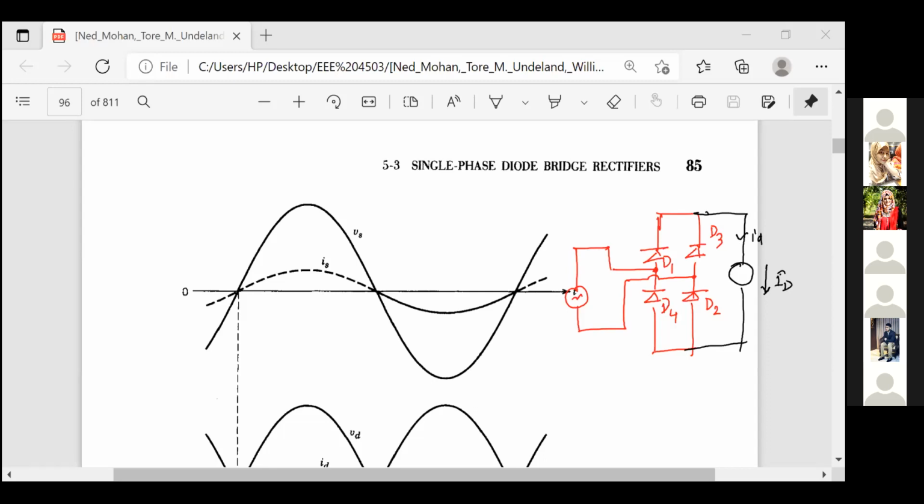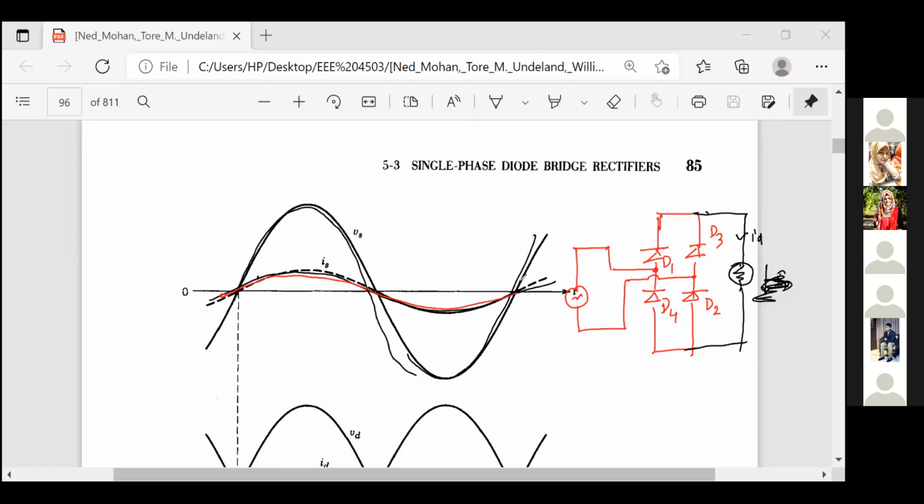Okay, so now if it is a resistive load, this is your input voltage, and your input current will have a wave shape like this.